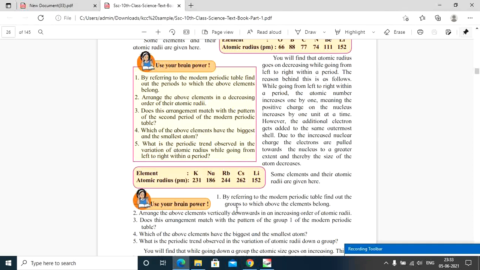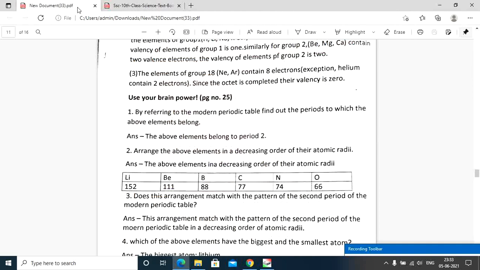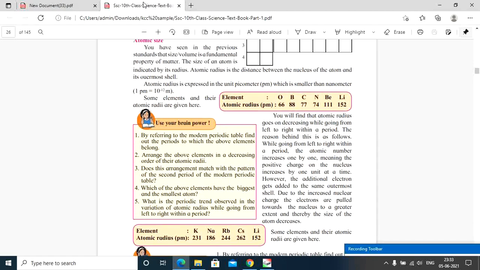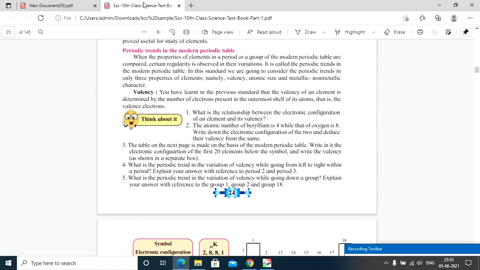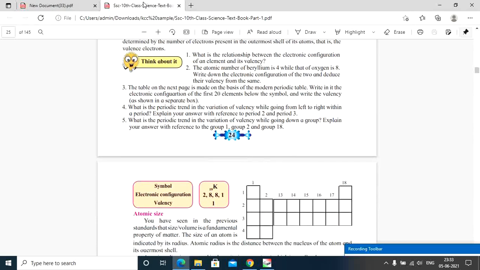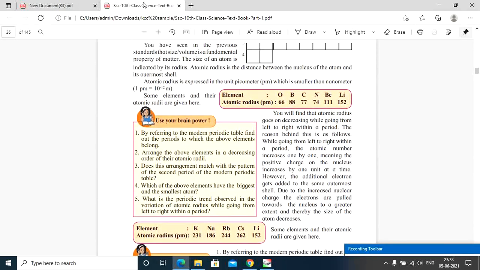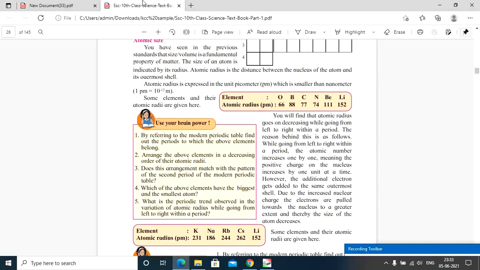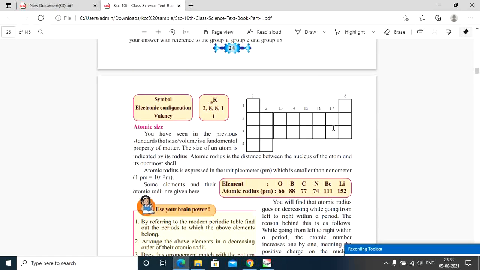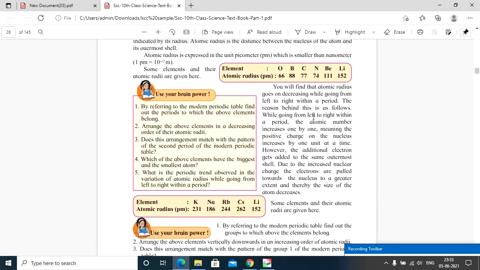Find out the period to which it belongs. Let's see. They are talking about these elements. These elements belong to period 2.